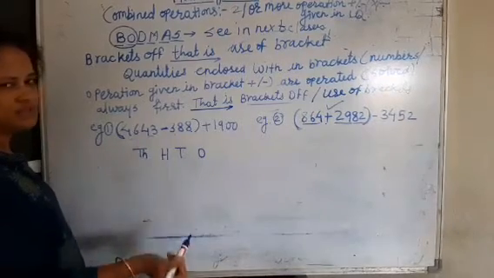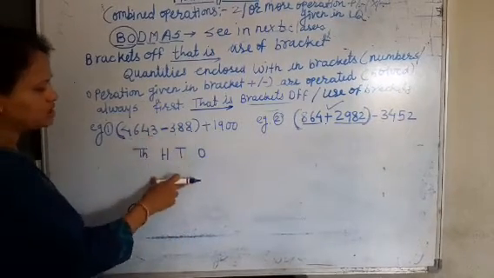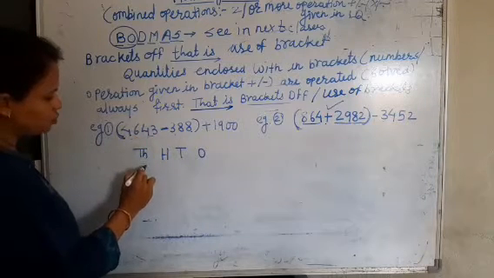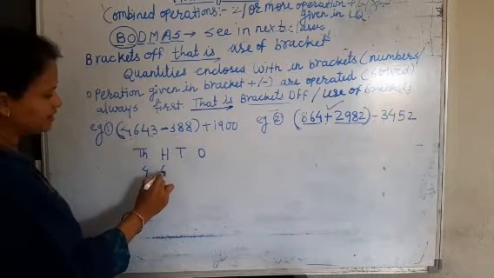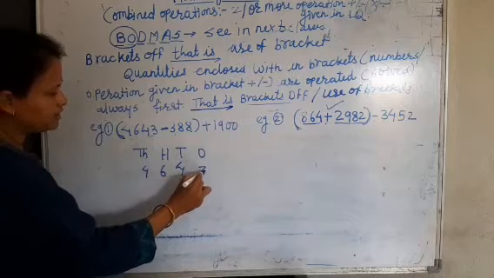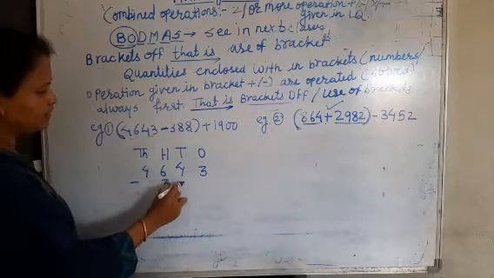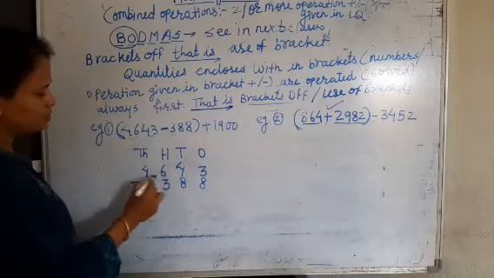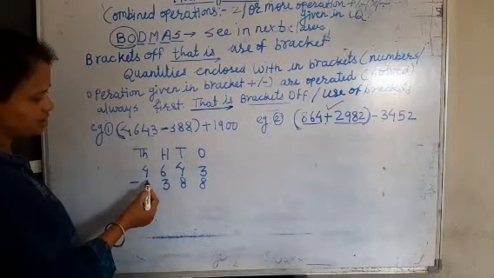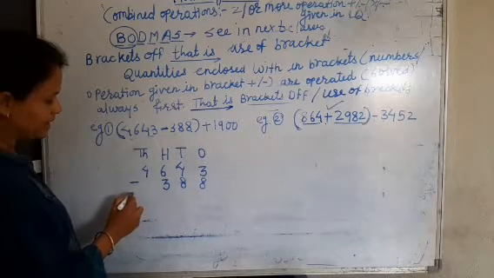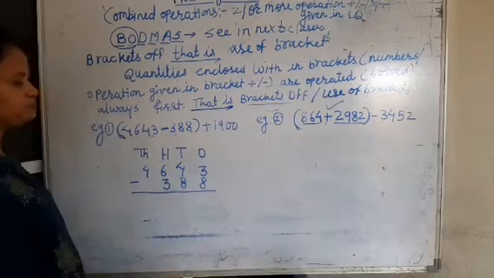To avoid mistakes, we are going to arrange these numbers vertically. 4643 minus 388. One number is of 4 digits and one number is of 3 digits, so we arrange each at its proper place.